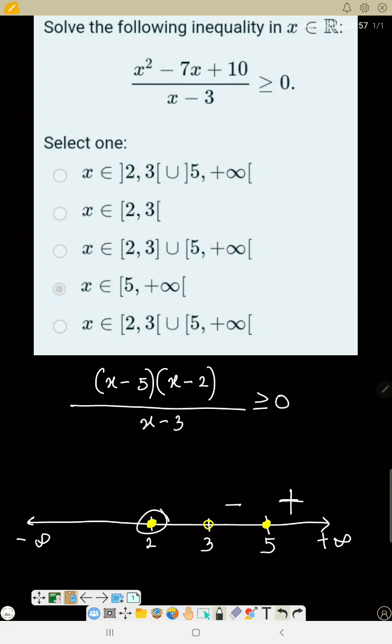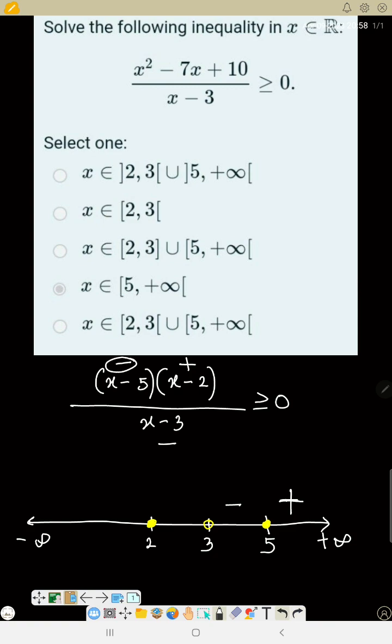Now between 2 and 3, we'll exclude 3, remember, because 3 is open here. We can't put 3 here, that denominator will be 0. So the number between 2 and 3, where 3 is not included, let's pick 2.5. 2.5 minus 5 should be a negative result. 2.5 minus 2 will be a positive result. 2.5 minus 3, 2.5 is less than 3, that is a negative result.